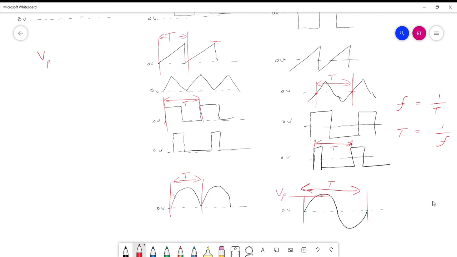Peak to peak, that's the distance between the two peaks. Peak is just amplitude. Peak to peak is the distance between the peaks. And you can see it in other waveforms too.